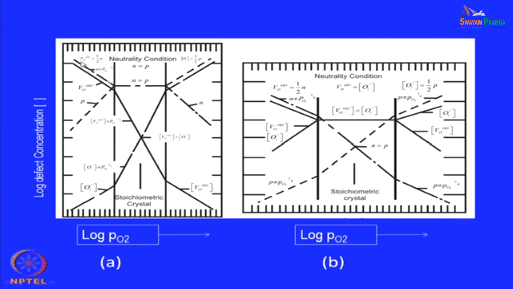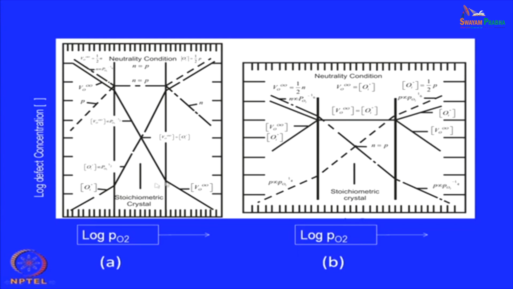But electron concentration is still higher than the oxygen vacancy or oxygen interstitial. On this side the hole concentration is higher, and there is an intermediate range where N is equal to P, that means the number of electrons and number of holes are the same.